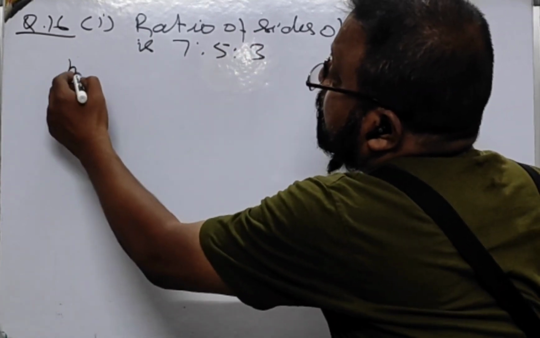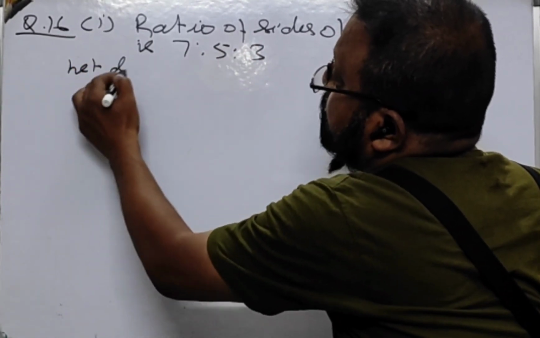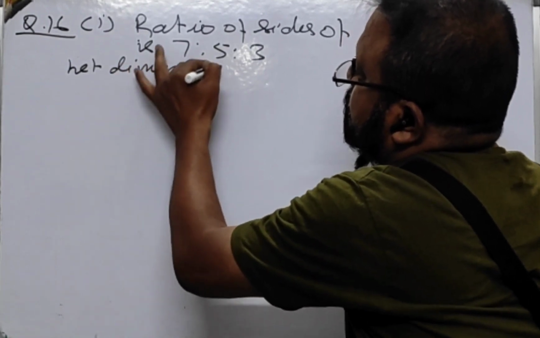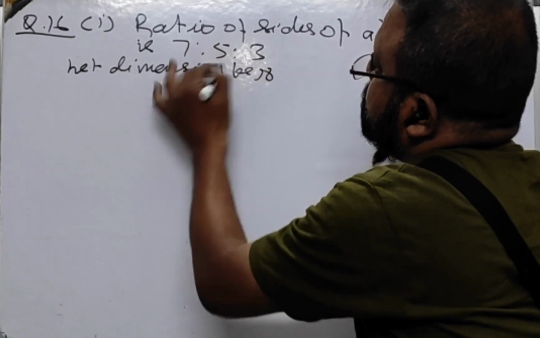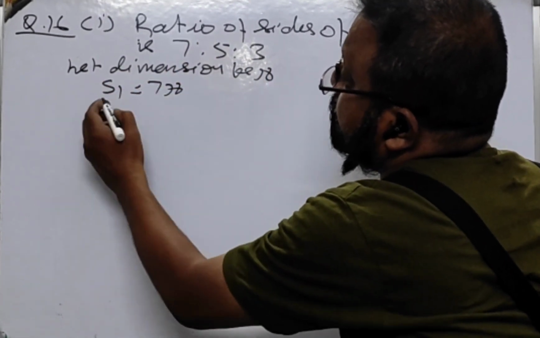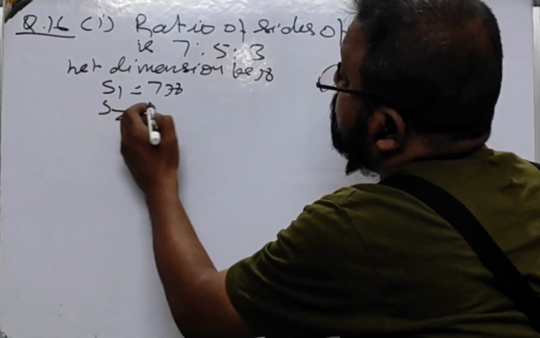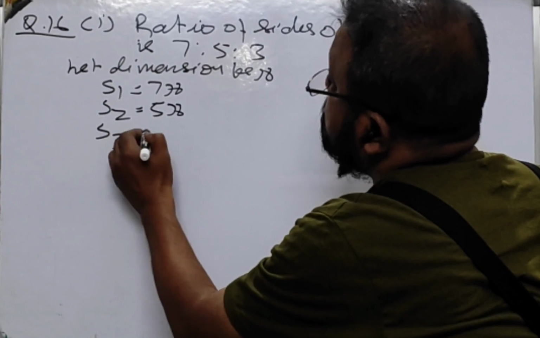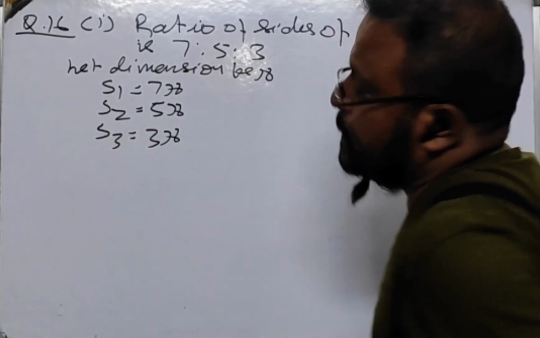Let the dimension be x. So side 1 is equal to 7x, side 2 is equal to 5x, side 3 is equal to 3x, right?